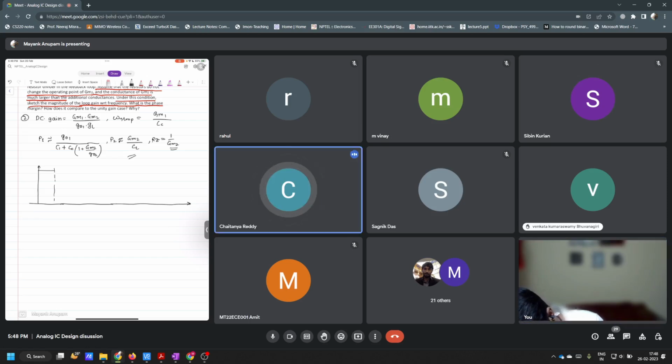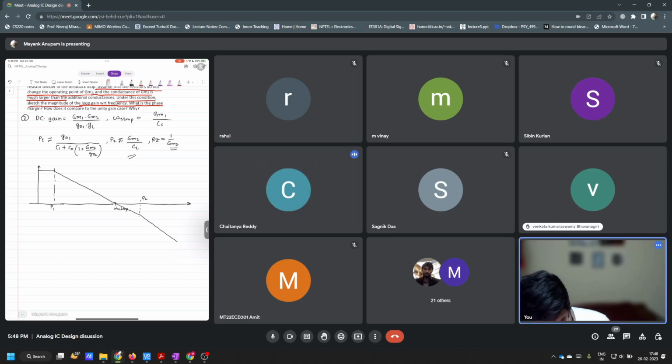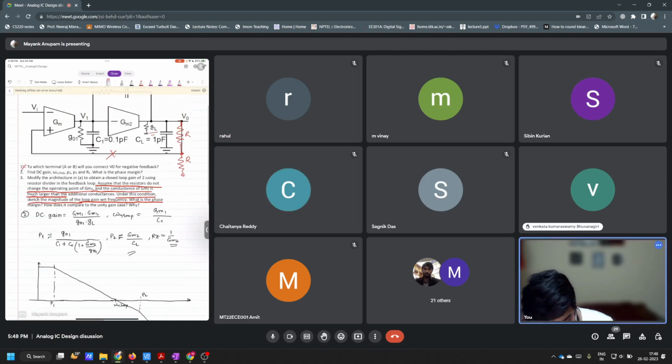First there is P1 here, then there is, let's say, omega u loop here, and then there is P2 here. So this is the earlier case, when these resistors are not connected.